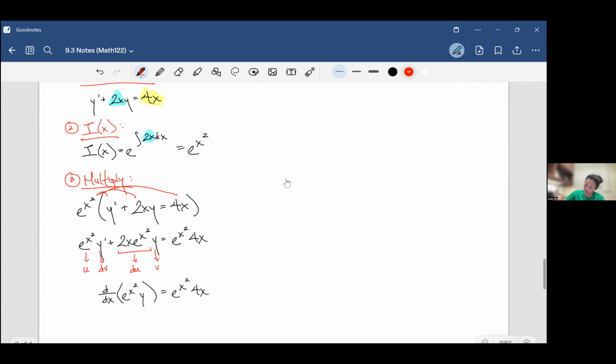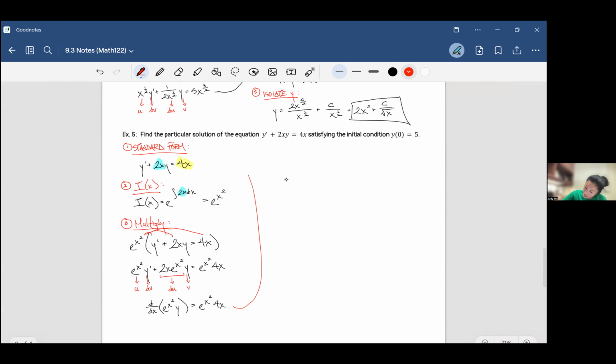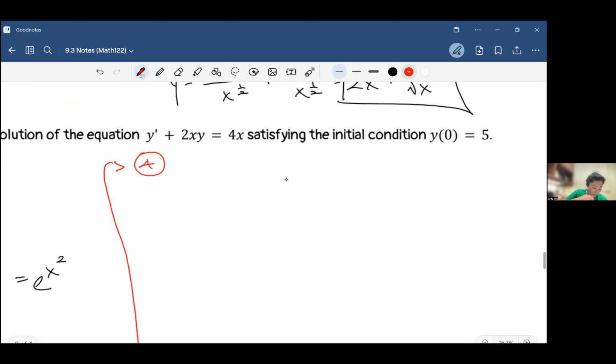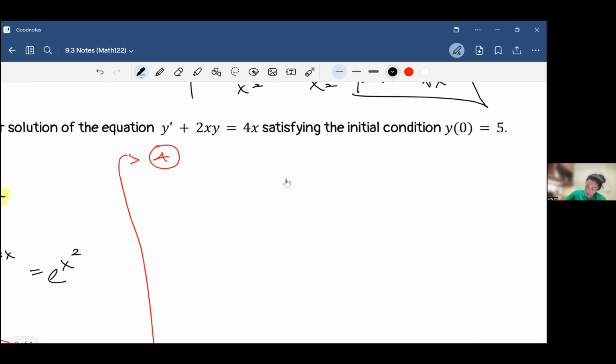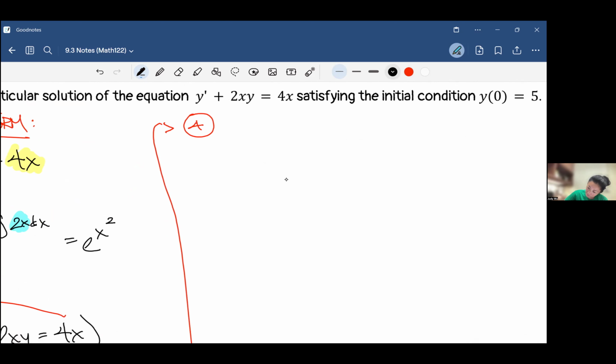All right, so let's bring it back up here. Now we are going to go ahead and rewrite. So we've got the integral of the derivative of e to the x squared y is going to equal the integral of the other side.